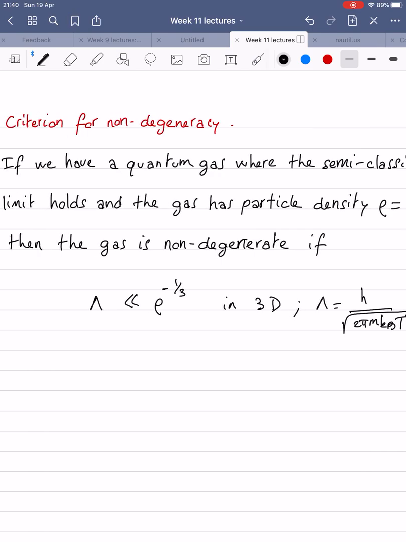And that's it. Here again, the goal is to compare the thermal de Broglie wavelength, which is essentially the quantum-like extension of a given particle, with an estimate of the interparticle distance.